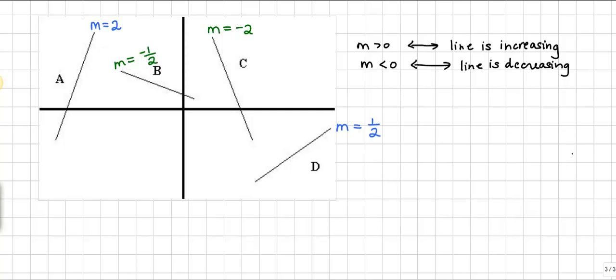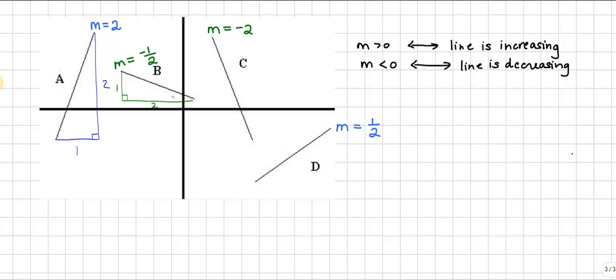So if I'm going to have a slope of 2, for example, then my rise is going to be larger than my run. It may be something like 2 to 1. Whereas if I'm having a slope of -1/2, my line is decreasing, but my rise is smaller than my run. Okay, so you can see these in order.